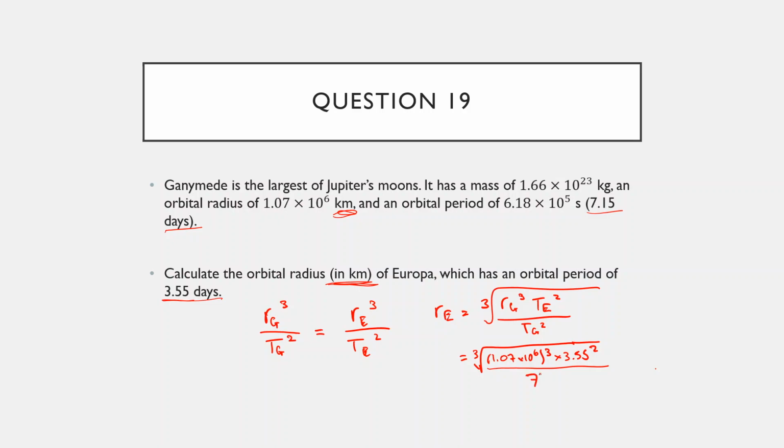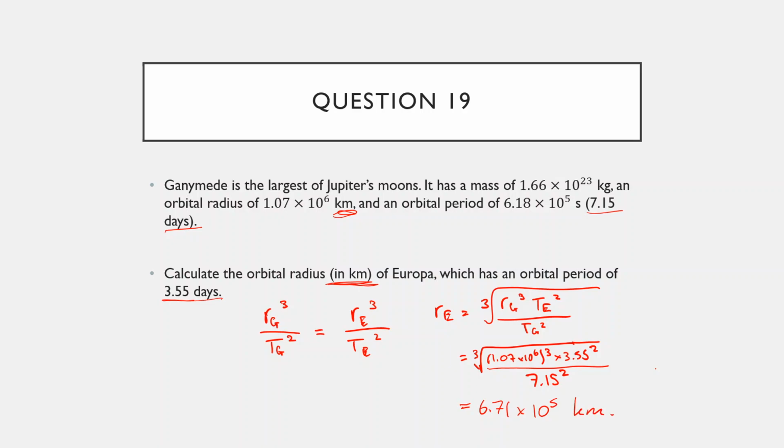All right, so that's why we have to put 7.15 days squared down the bottom for the period of Ganymede. All right, so time is in days for both of those things. This distance here, R_G, is in kilometers, which means the distance that we calculate will be in kilometers. All right. And you end up getting something around 6.71 times 10 to the 5 kilometers.